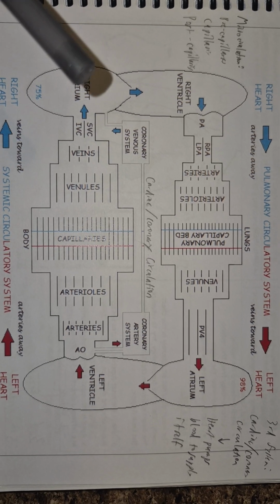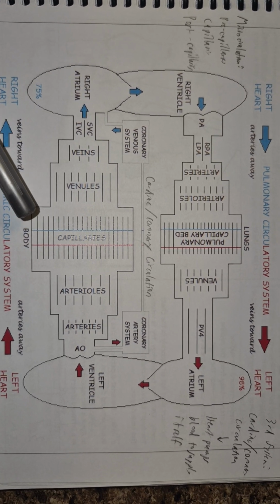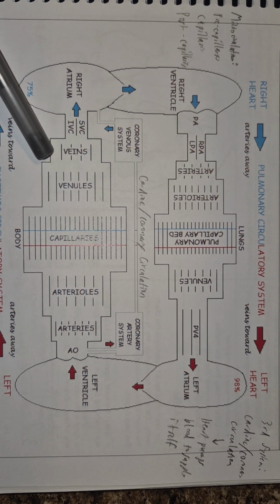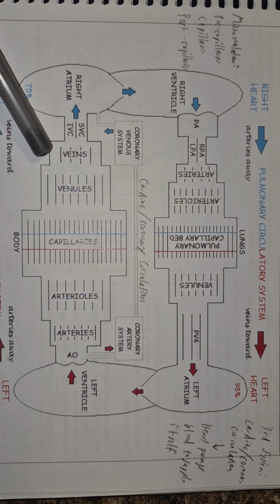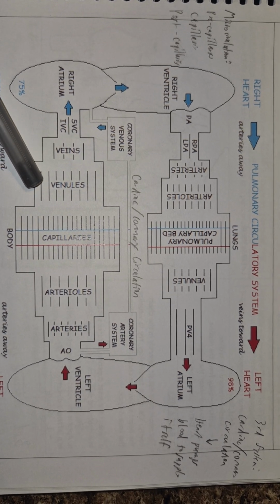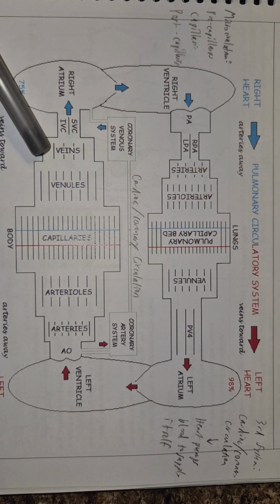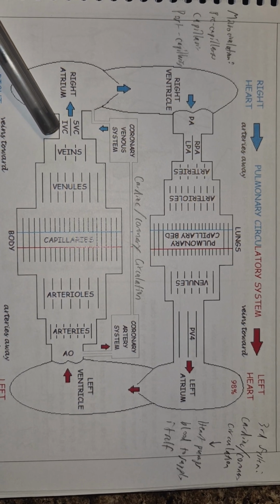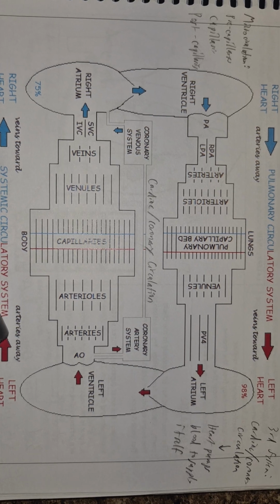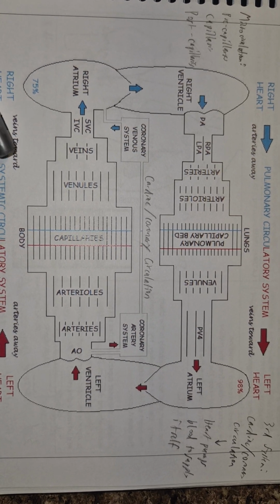Maybe you're providing oxygen to a muscle. But then as it gets deoxygenated, the blood will return back to the right atrium here through venules, and these are going to combine to form veins, and these combine to form the SVC, IVC that we mentioned earlier to go into the right atrium. This here is called the systemic circulation because it forms in the body.